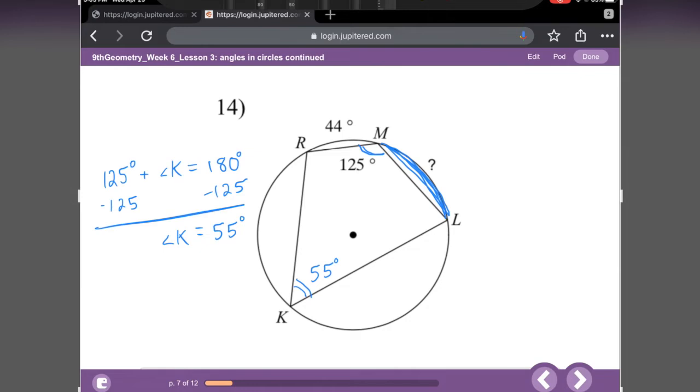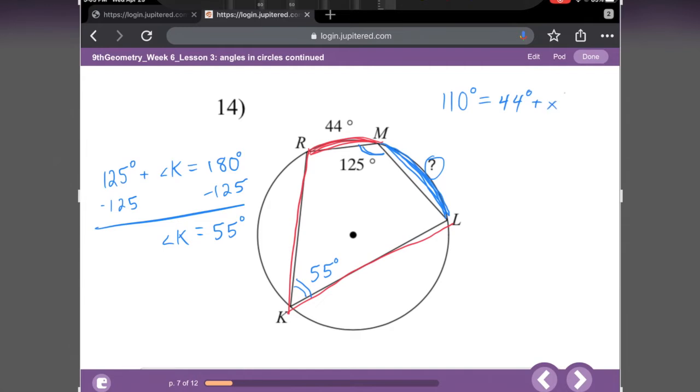But notice this. I have two arcs right here, and this is an inscribed angle standing on those arcs. So I know that 55 degrees is going to be half of 44 plus this blue arc question mark. In other words, if I double 55, that's 110. 110 degrees has to be equal to 44 degrees plus the question mark that we're trying to find here.